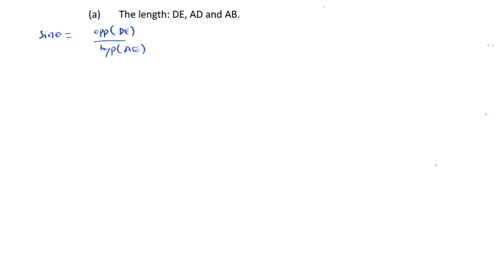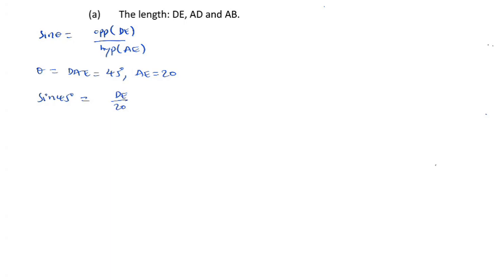Okay, so given from our question, theta equals angle DAE, which equals 45 degrees, and AE equals 20 meters. Okay, so let us substitute these values in our formula. We are going to have sine 45 degrees equals DE over 20.